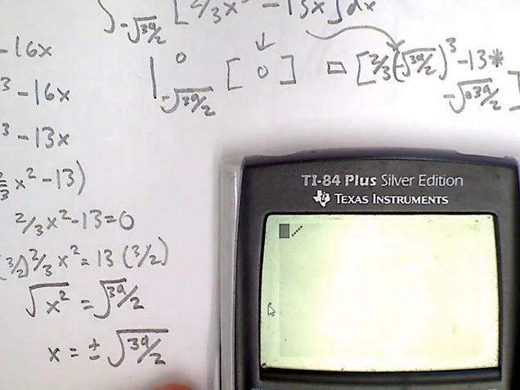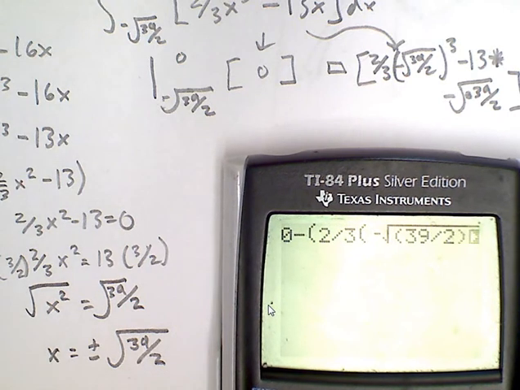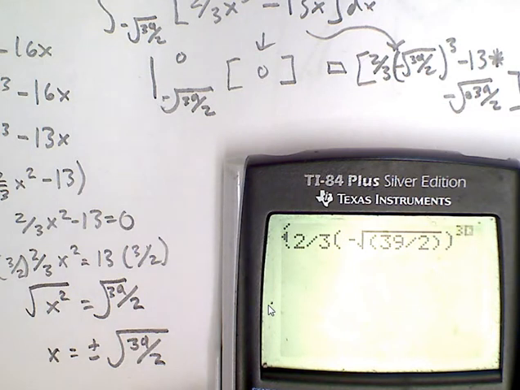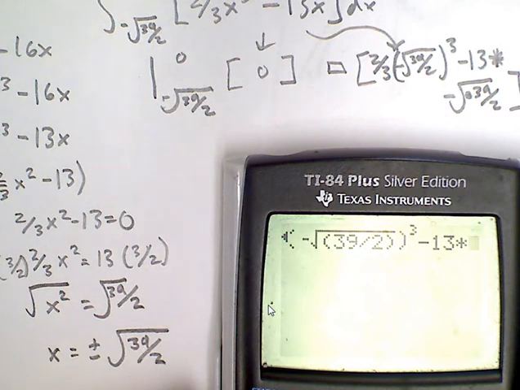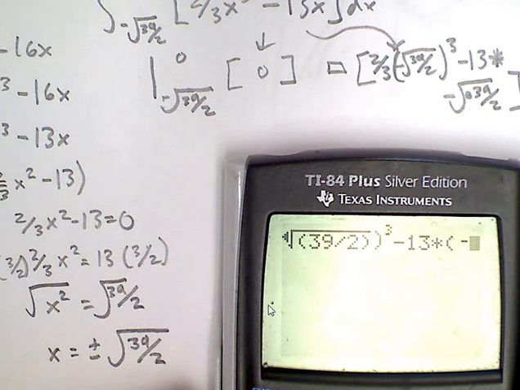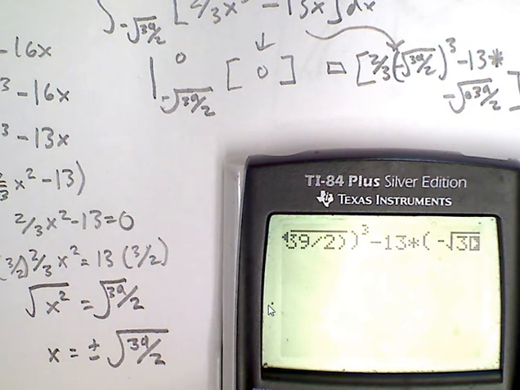Alright, clear, you have 0, minus parentheses 2 divided by 3 parentheses, negative, square root, 39 divided by 2, end parentheses, to the third power, minus 13 times the parentheses negative square root 39 divided by 2.